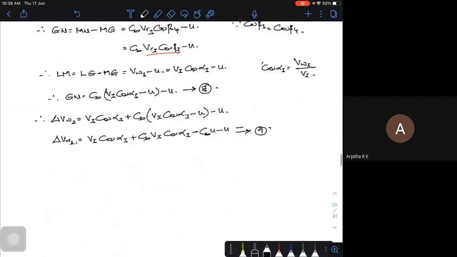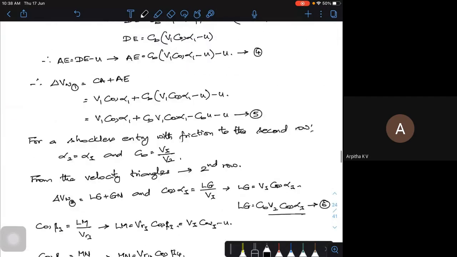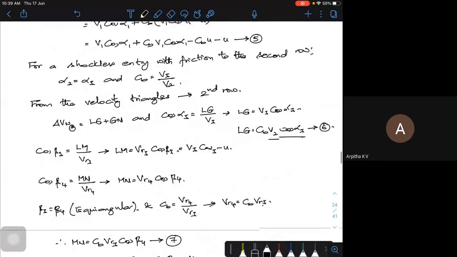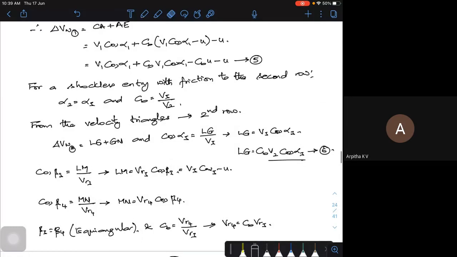For a shockless entry, we have assumed alpha 2 is equal to alpha 3. Sorry, this is not 2, this should be 1 actually.